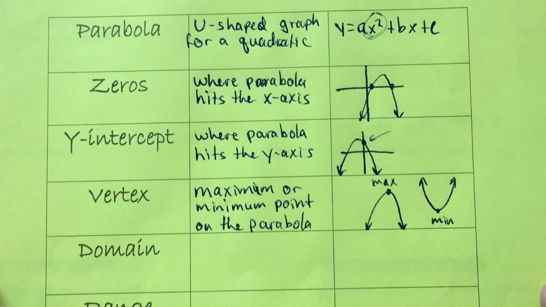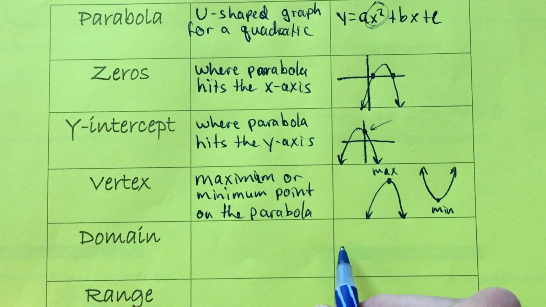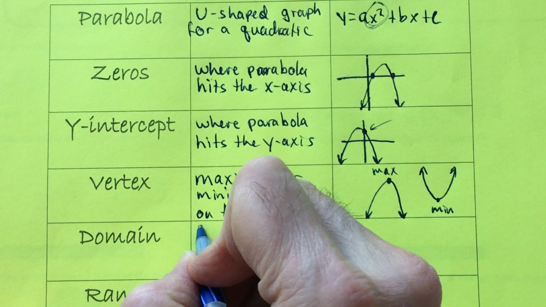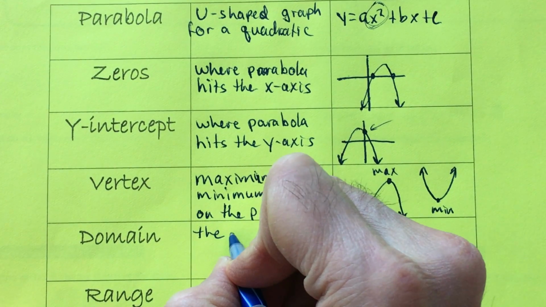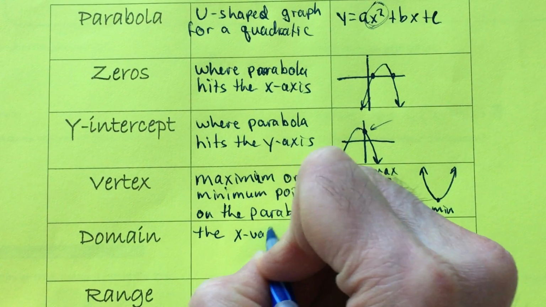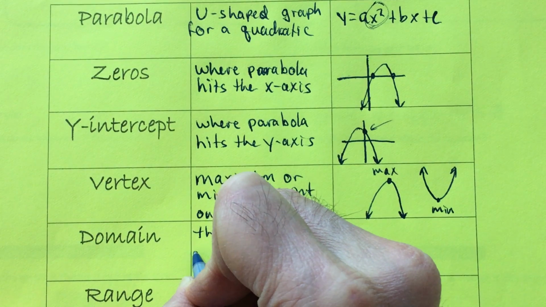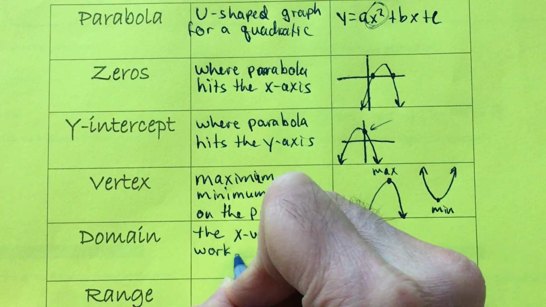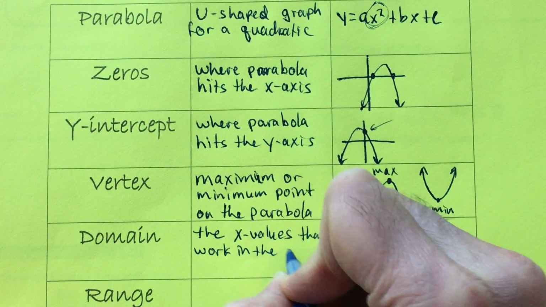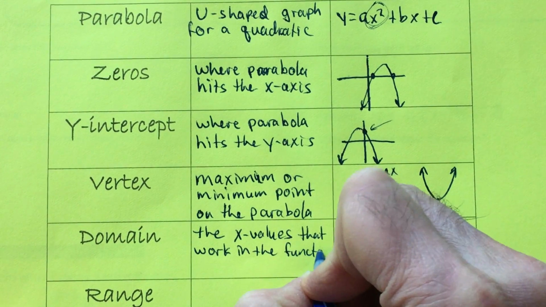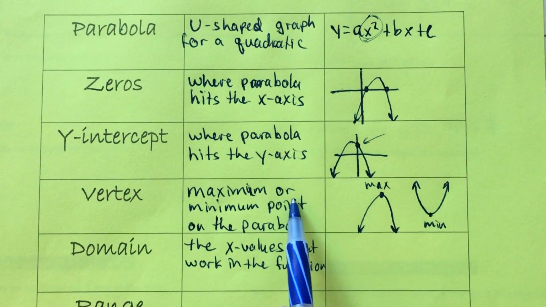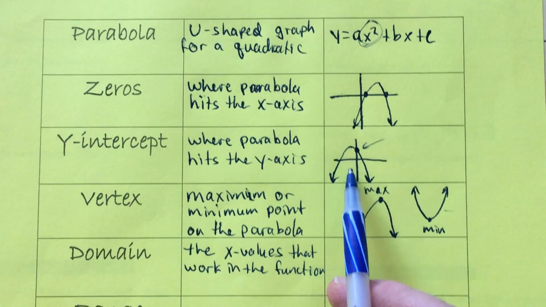As for domain, these are all the x values that work in the function. Basically, how far left and how far right does this graph go?